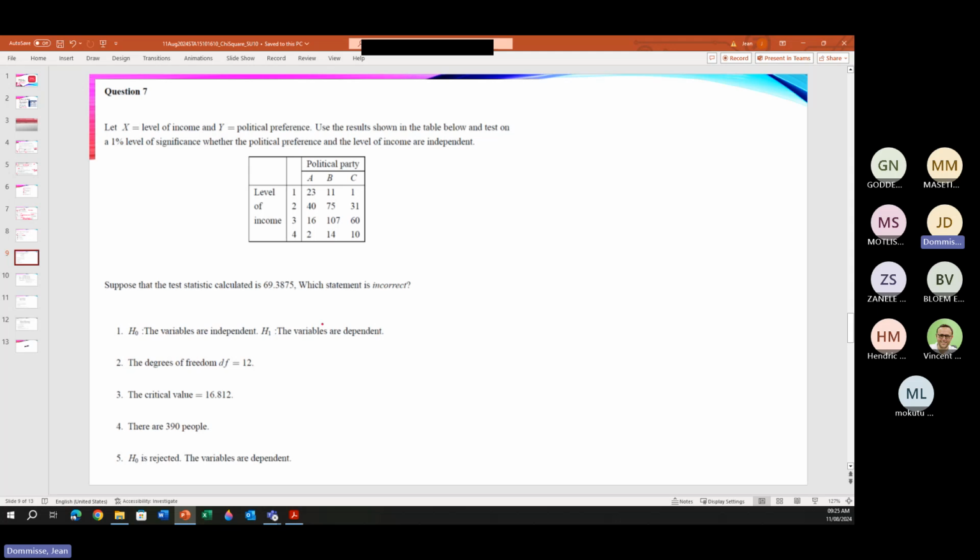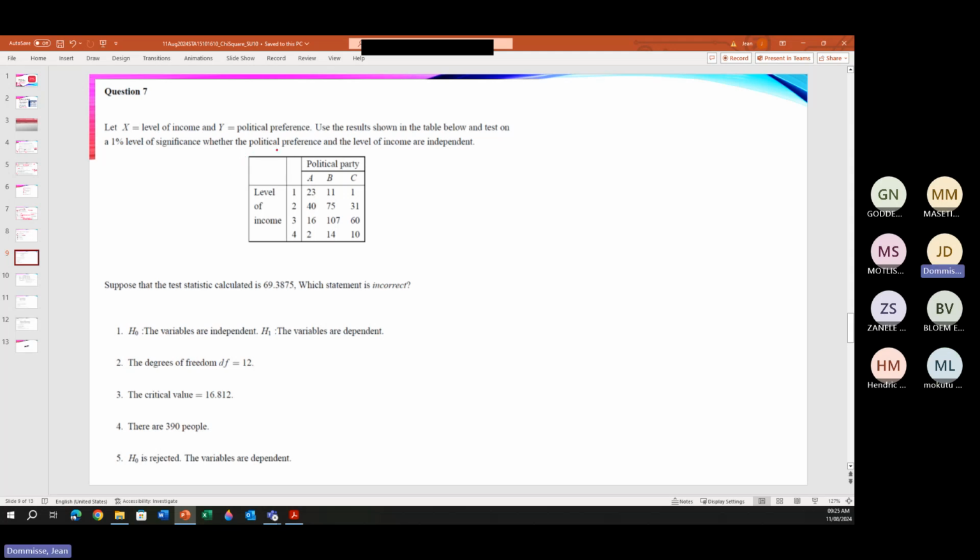Another example is here, where we look at political parties A, B, and C, and different levels of income, and the test is whether the political preference and the level of income are dependent. Here we test the null hypothesis again.